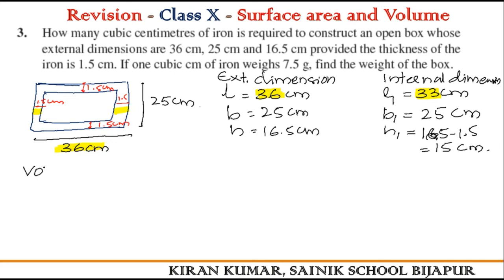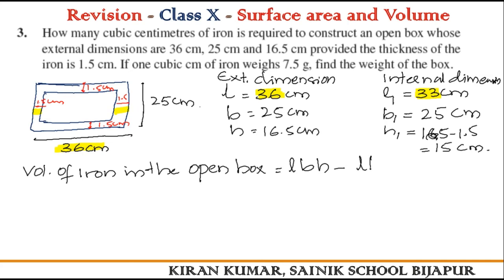So the volume of iron in the open box will be equal to external dimension LBH minus internal dimension L1, B1, H1. So the external dimension is 36 into 25 into 16.5.